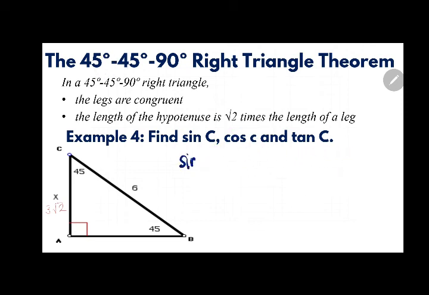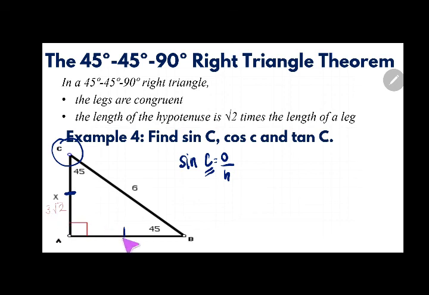So, ang sin C ay equal sa ratio ng opposite side over hypotenuse. So, dahil angle C ang ating reference angle, ito yung angle C, ang opposite side ng angle C is side AB. So, although hindi nakalagay kung ano ang length ng side AB dahil siya ay 45, 45, 90 right triangle, ibig sabihin pareho ang sukat ng legs.